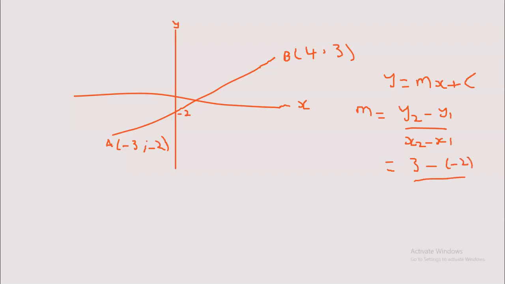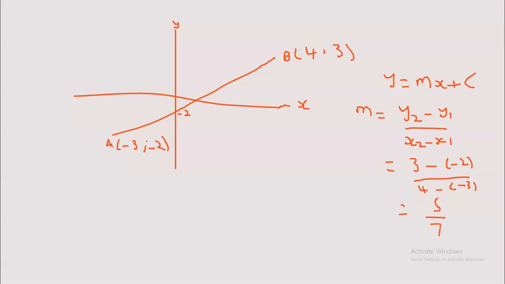And then remember, the x of B is 4, and then minus, again a negative number, x1 is minus 3. So this will be 3 plus 2, which is 5. My answer will be 5 over 7. So my gradient will be 5 over 7.